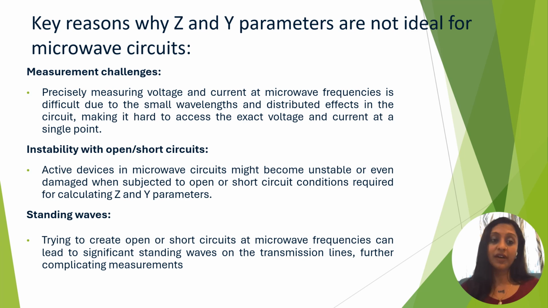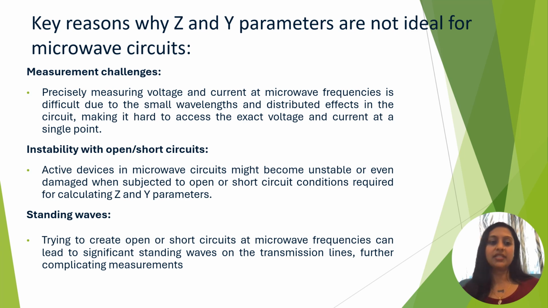Having known the advantages, now let's see the key reasons why I am not using Z and Y parameters in microwave circuits. It's very important. We would already have learned our network analysis using Z and Y parameters, so why am I not using them in the RF world, with RF signals?